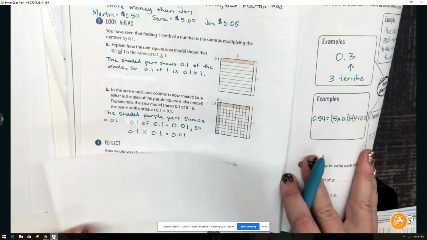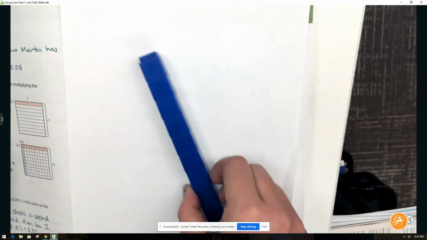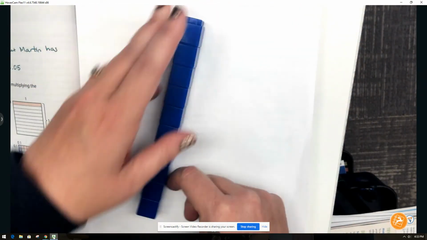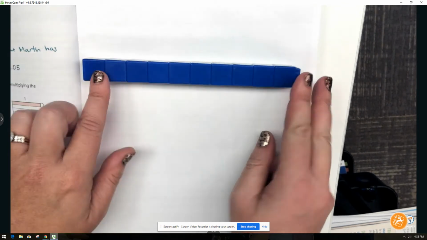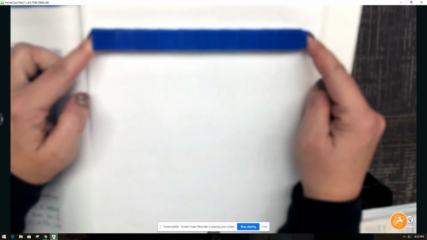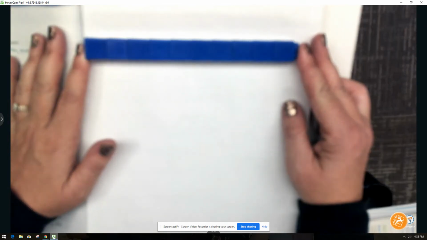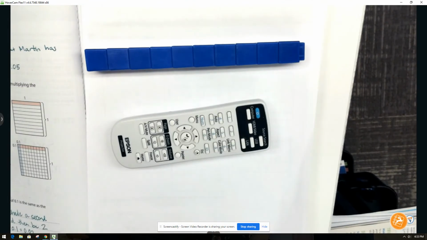Now I want to show you using the cubes. This unit cube here would be like the red line. This is showing 1/10. Sometimes the camera isn't focusing, so let me throw something on there that might help it focus. There we go.